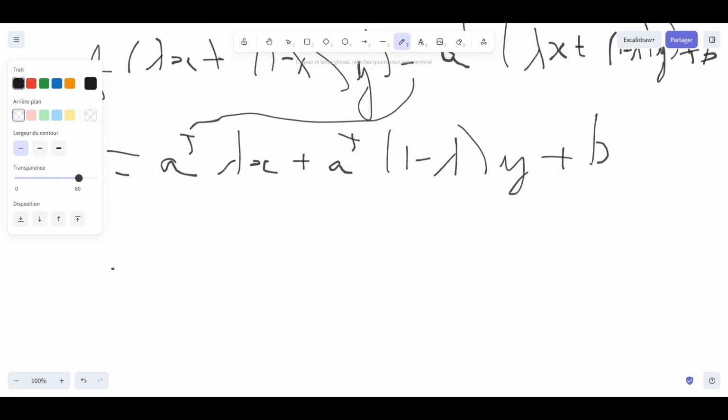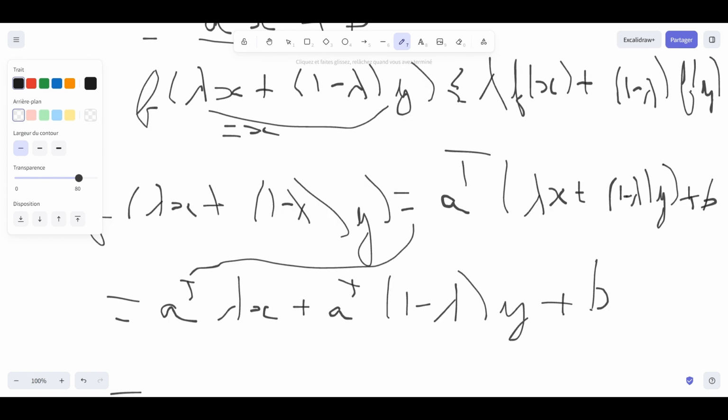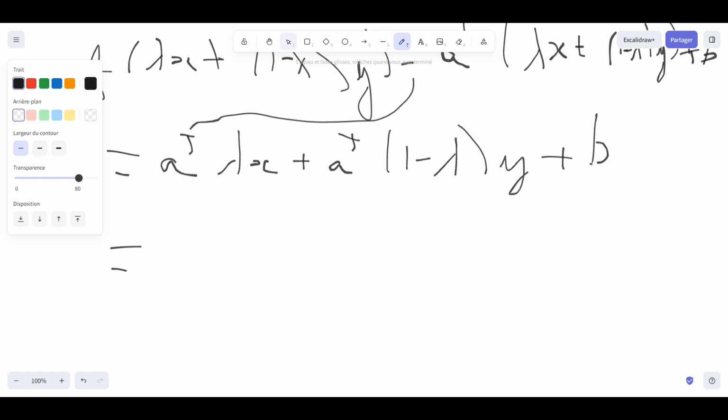And so we can try to sum them up, to factorize maybe, or just use a trick here, like saying, for example, represent b by lambda plus 1 minus lambda. It can be a good trick, like this.